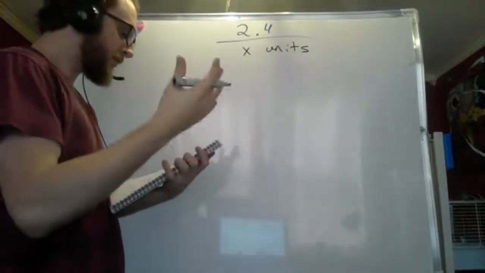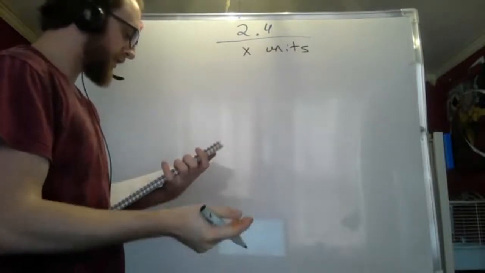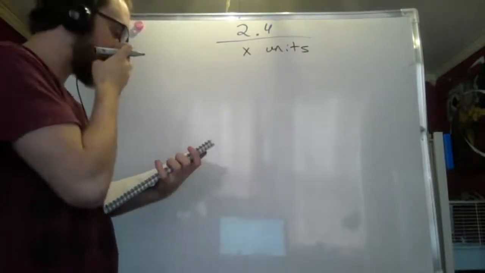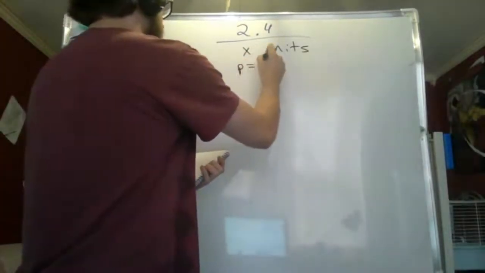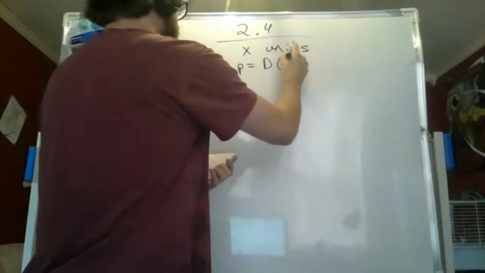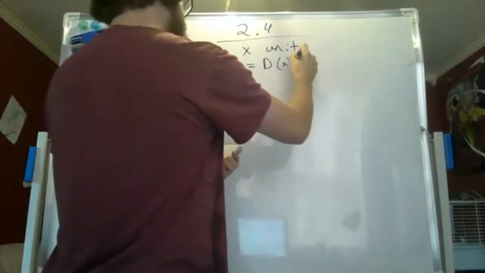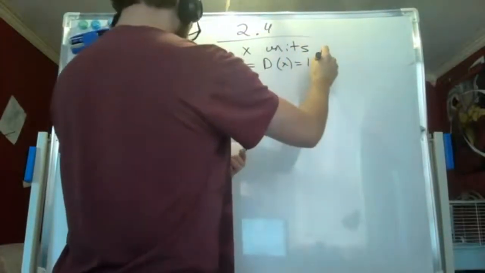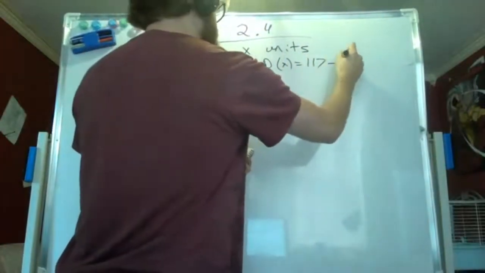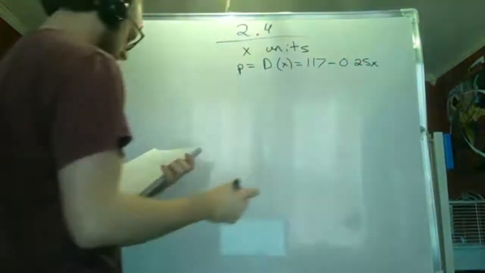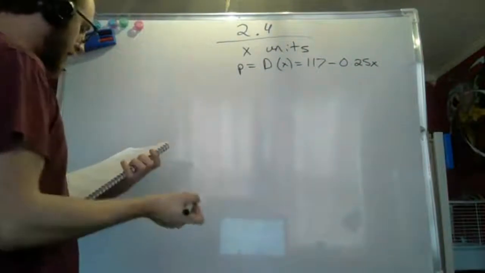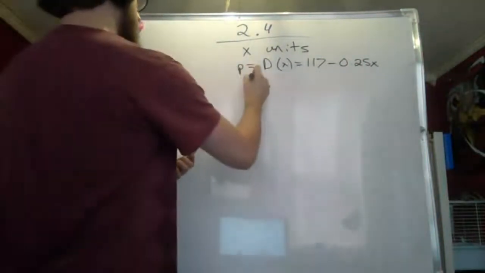The price of producing X units of a commodity is given by P is equal to D of X, which equals 117 minus 0.25x. And the total cost is given by C of X.